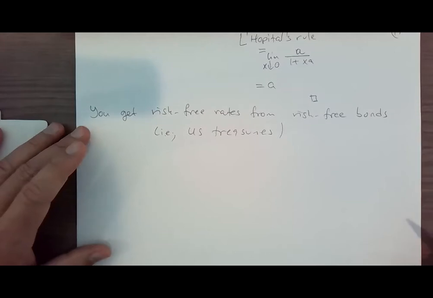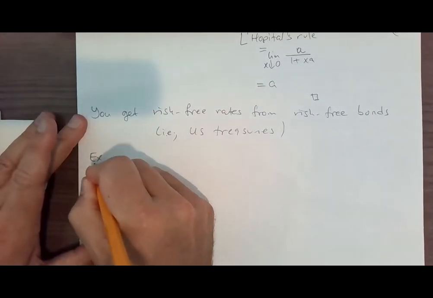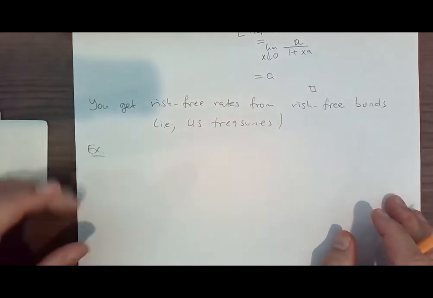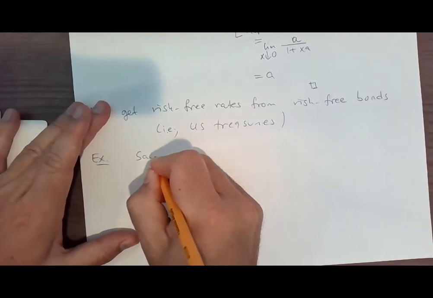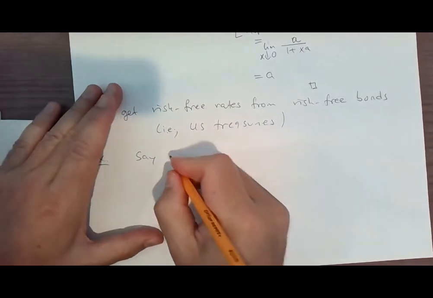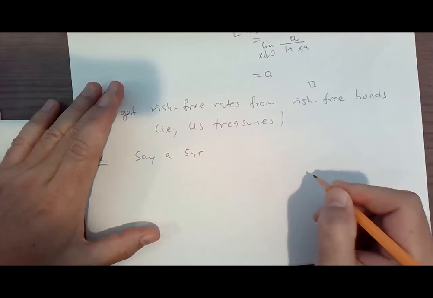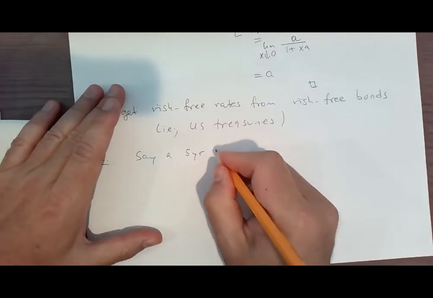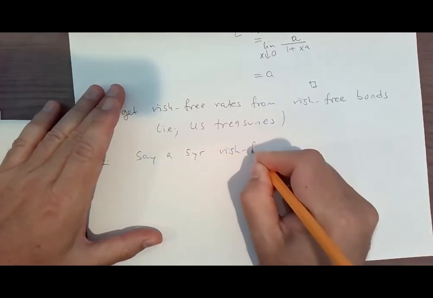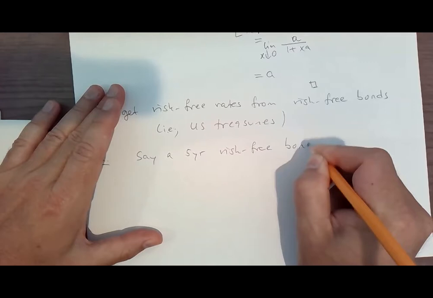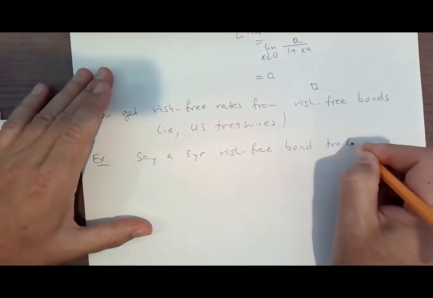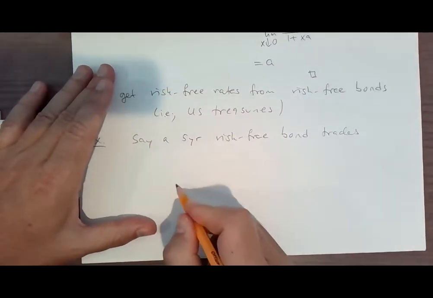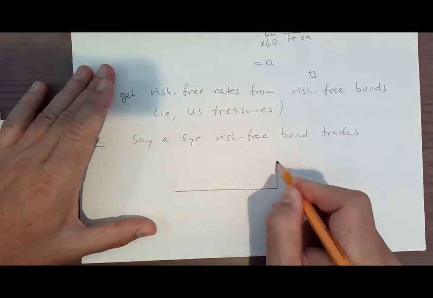Okay, so how does one go about doing that? Let's look at a little example. If you have a 5-year risk-free bond that trades as follows, you have the picture where the payoffs are coming out here at the end.